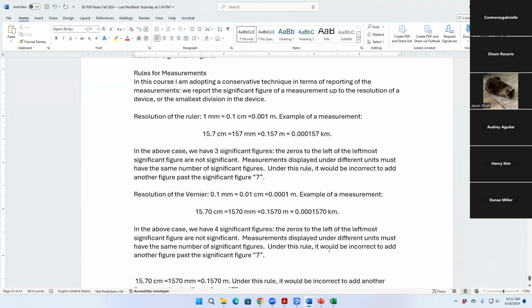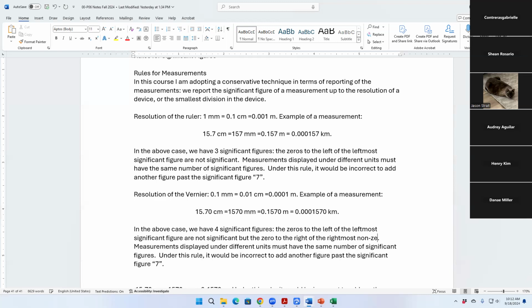The zeros to the left of the leftmost are not significant, but the 0 to the right of the rightmost non-zero significant figure is. For measurements displayed, just like before, measurements displayed under different units must have the same number of significant figures: 4, 4, 4, and 4.